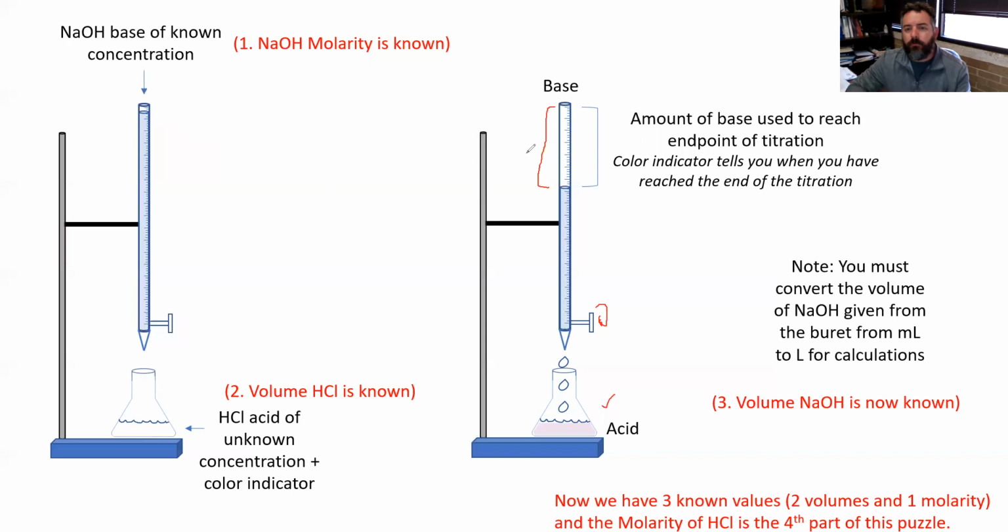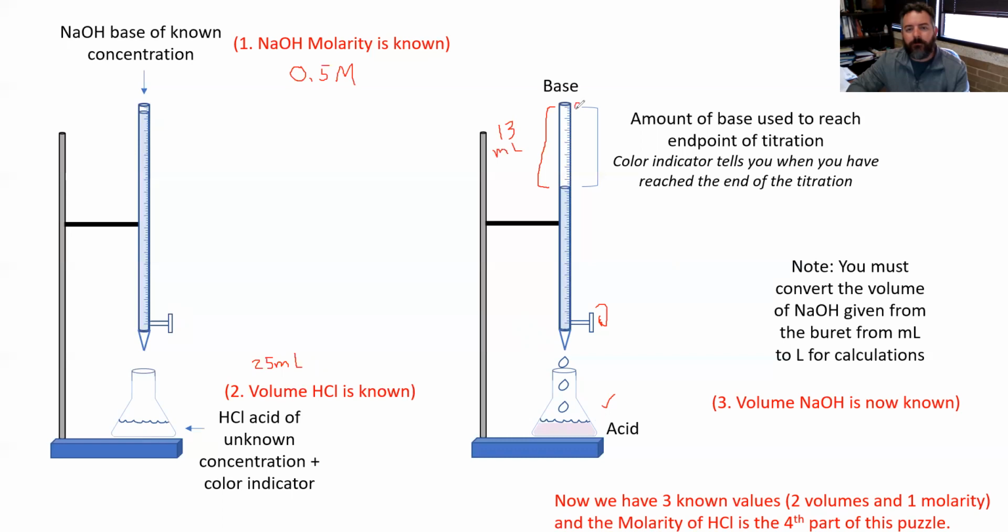So let's just go ahead and give some values here. Let's go back to the first piece of information, and say that we're starting with 0.5 molar sodium hydroxide. That was on the bottle, or your IA gave you that information on the board. You know that you have 25 milliliters of hydrochloric acid in your flask. And let's say that we used 13 milliliters.